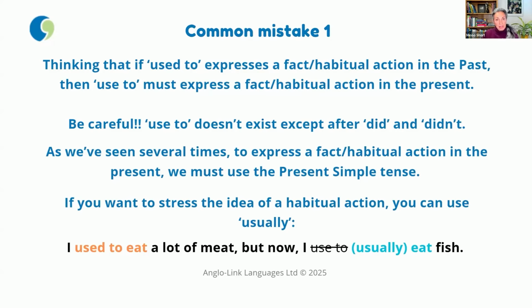For example, I used to eat a lot of meat, a fact in the past, but now I usually eat fish. But you don't need it, that's why I've put it in brackets. You can just say, now I eat fish. It's clear, it's now your present habit, okay?